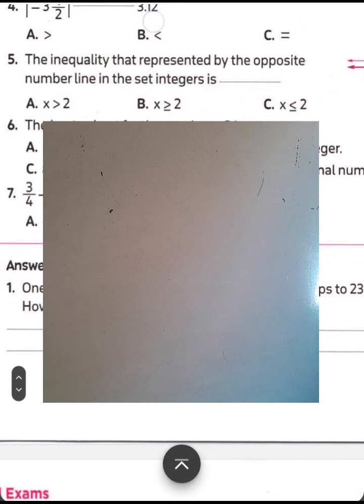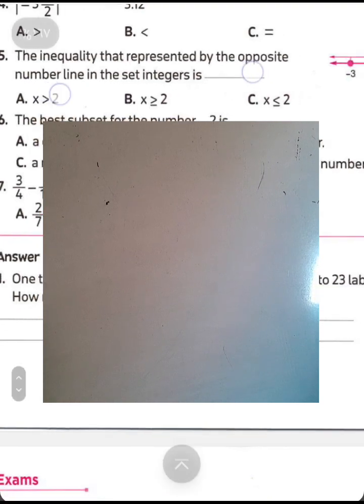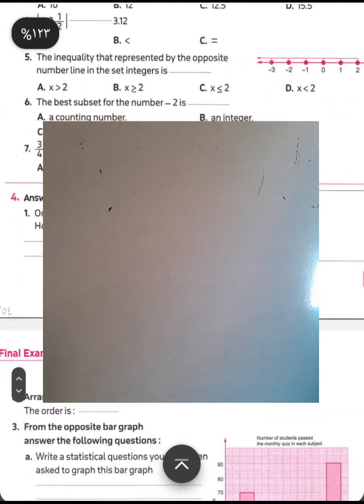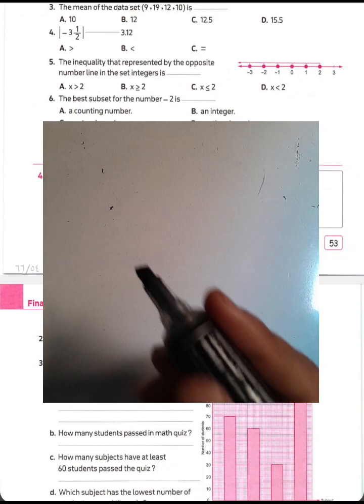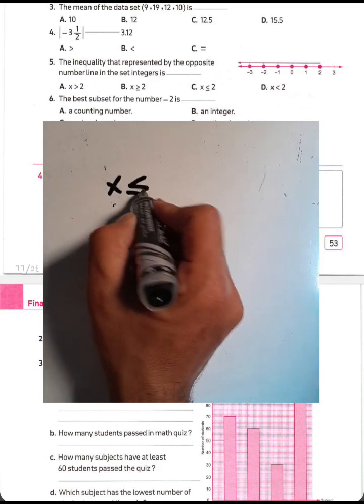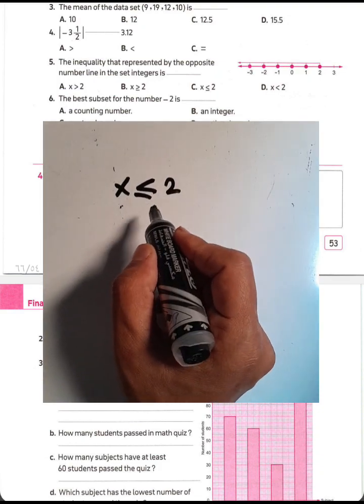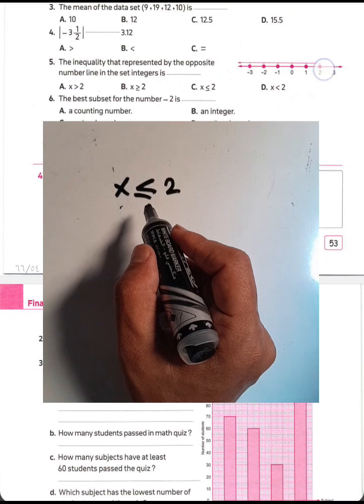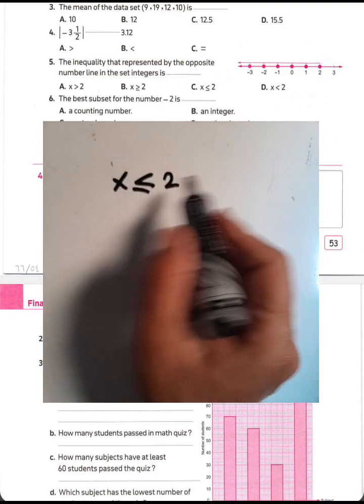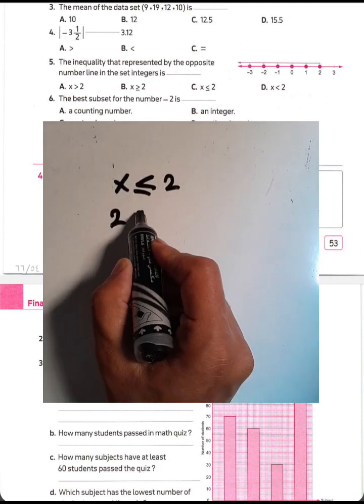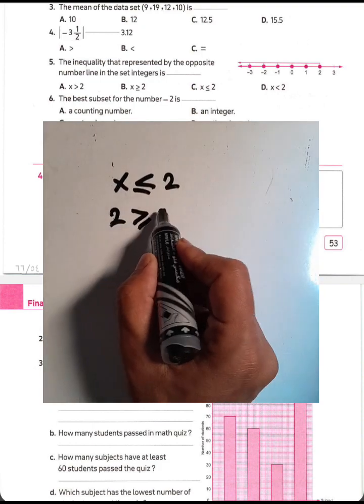Question number 5. The inequality represented by the opposite number line, set of integers. Coming from negative 2 to 2, from negative infinity to 2. It means x less than or equal to 2. Or we can write here the solution: understood, right? 2 greater than or equal to x.